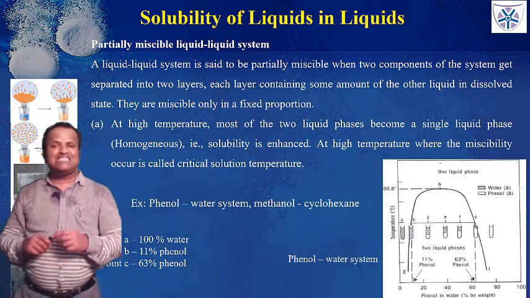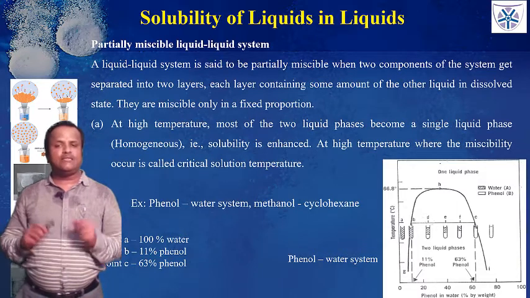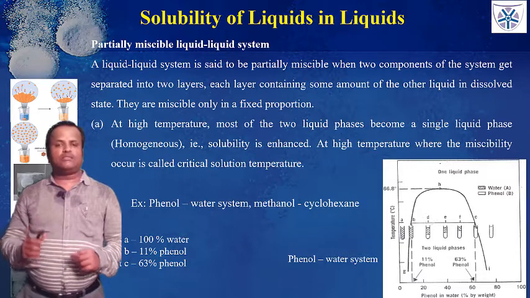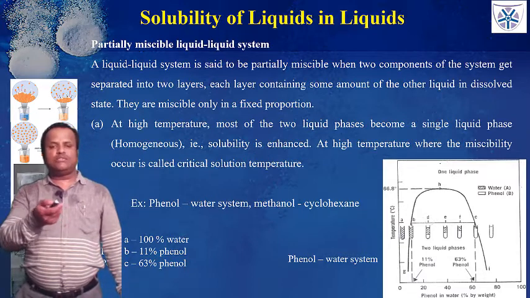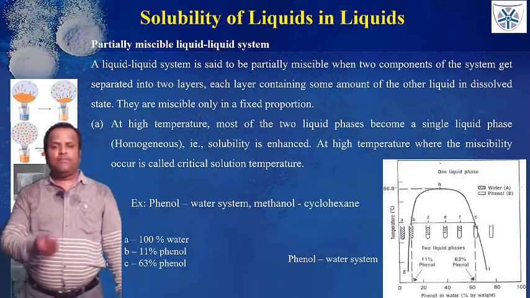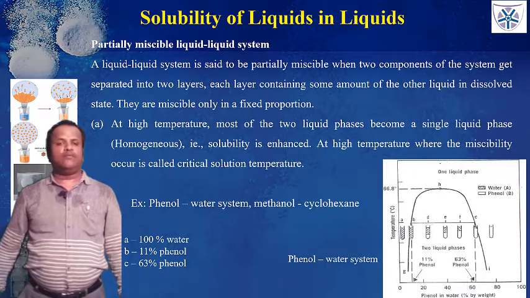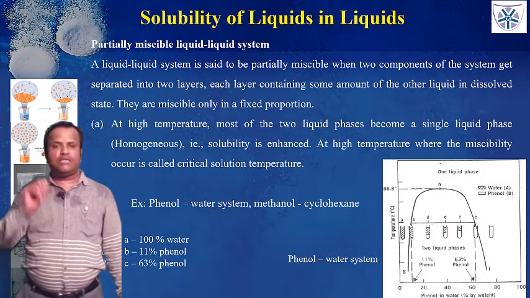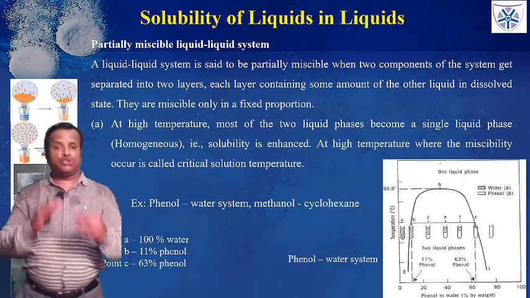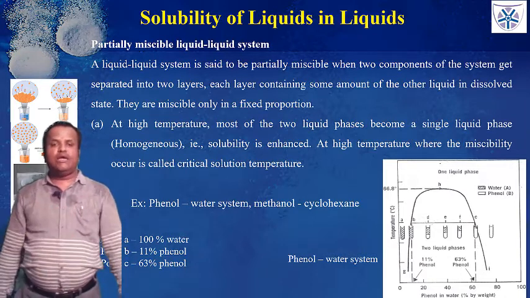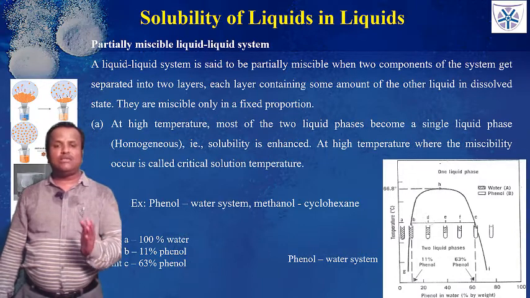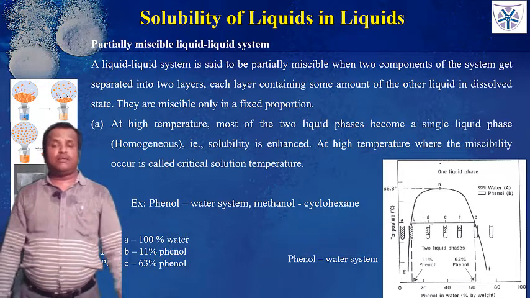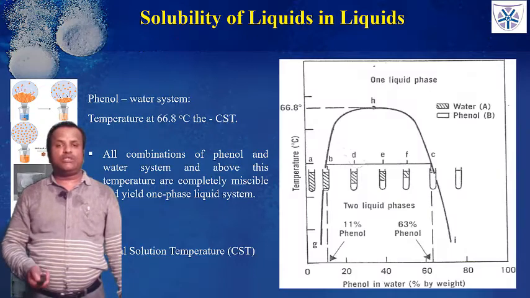It is 66.8 degrees C. Here I have shown in this slide: point A is 100% water, while moving from left to right, point B is 11% phenol. You can see the ratio. But going to the right side, point C is almost 63% phenol, and they are mixed with each other at the critical solution temperature.